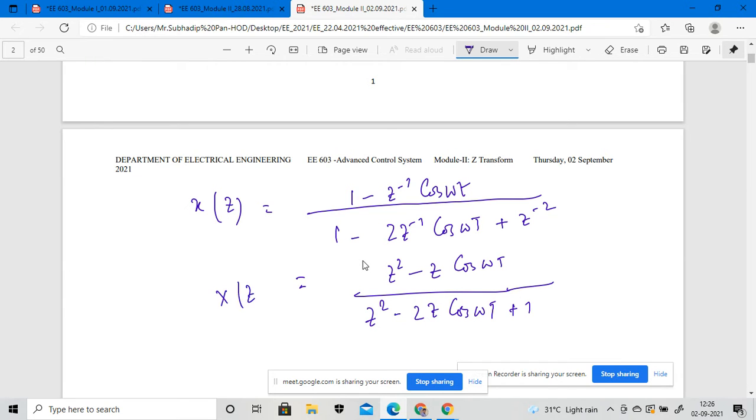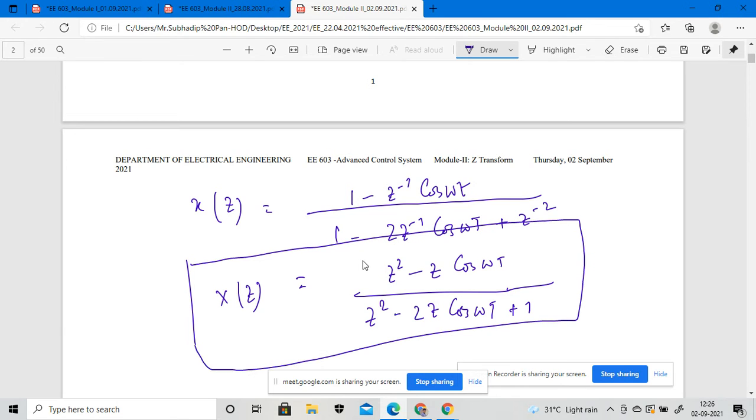So this is the simplification of a cosine function, and my z transformation will be coming like this.